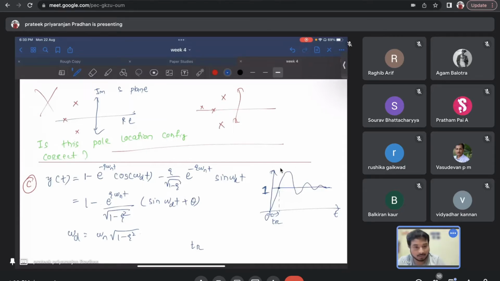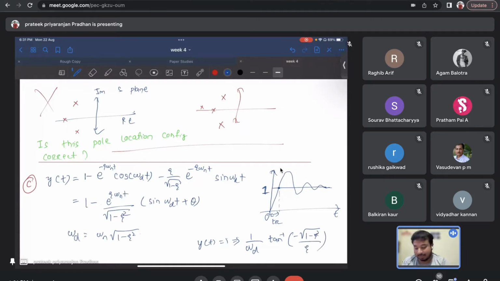When you put y of t equal to 1, the corresponding time expression you will get is pi minus beta whole divided by omega d, where beta is nothing but, I'll write the original expression, tan inverse of root over 1 minus zeta square divided by zeta.